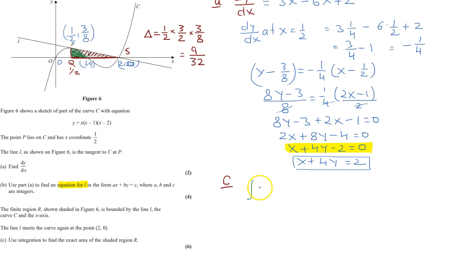That is 3x cubed minus 6x square minus 3x square, so that is x cubed minus 3x square plus 2x dx, and limit is from half to just here 1.